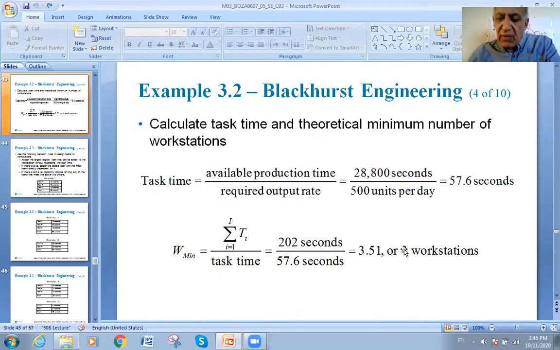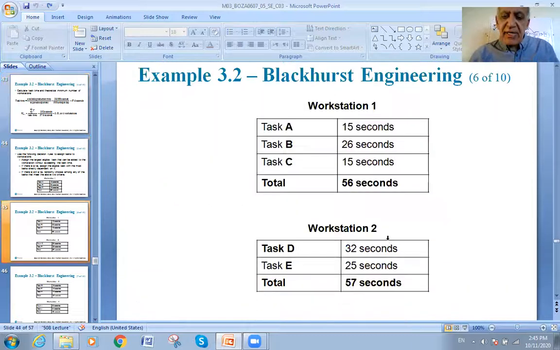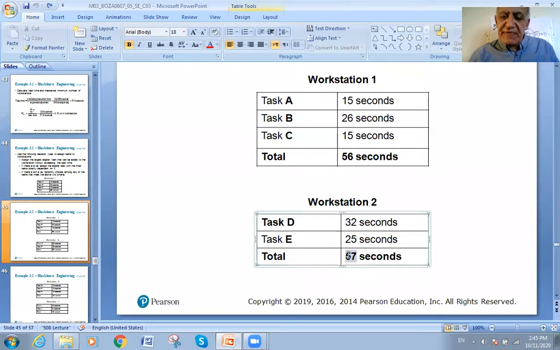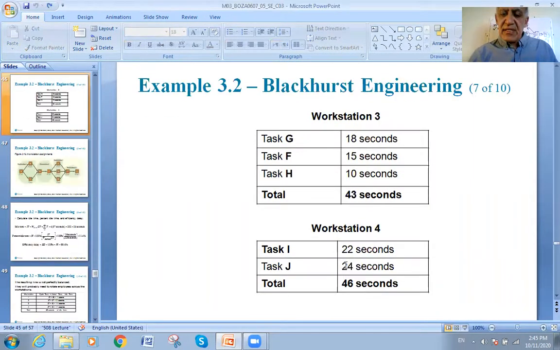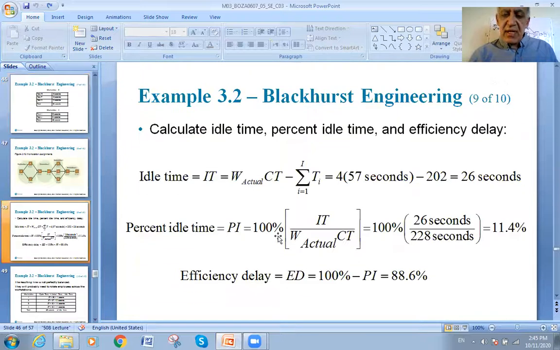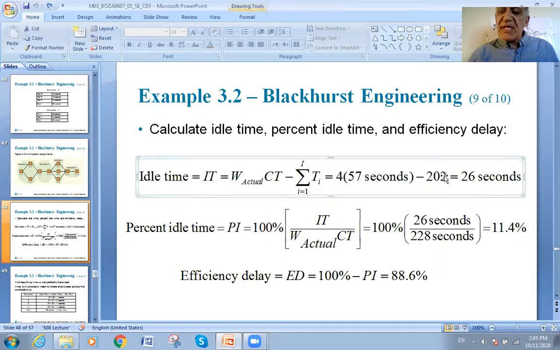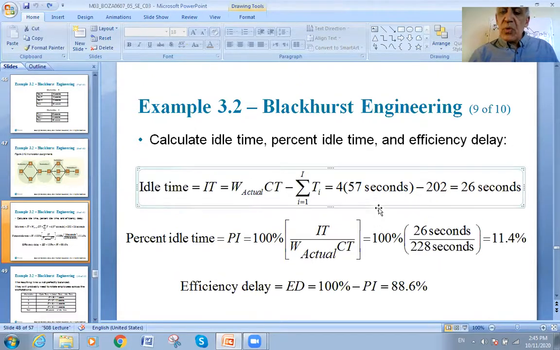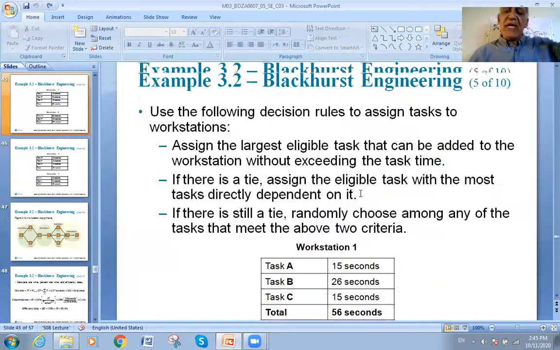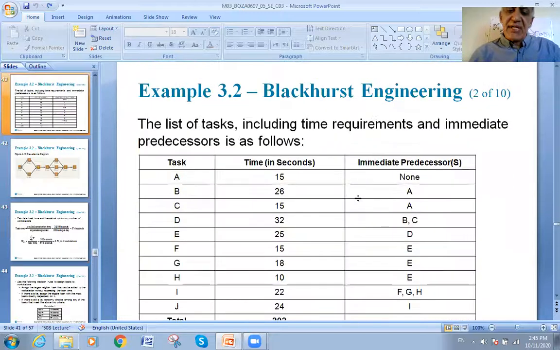This 4, I will take it multiplied by the longest station, which is 57. So 4 by 57 seconds, minus the 202 from the starting table.